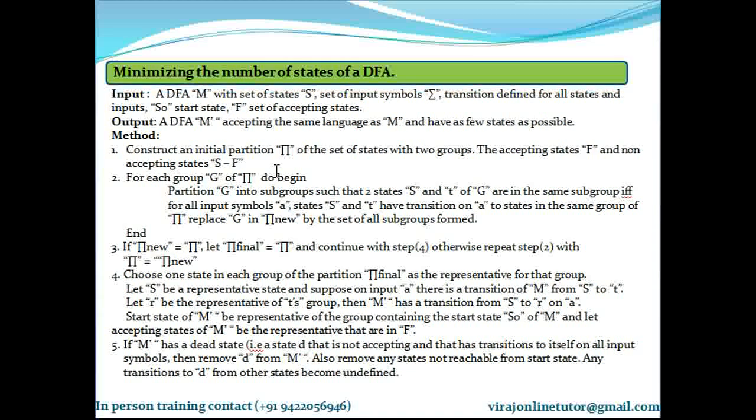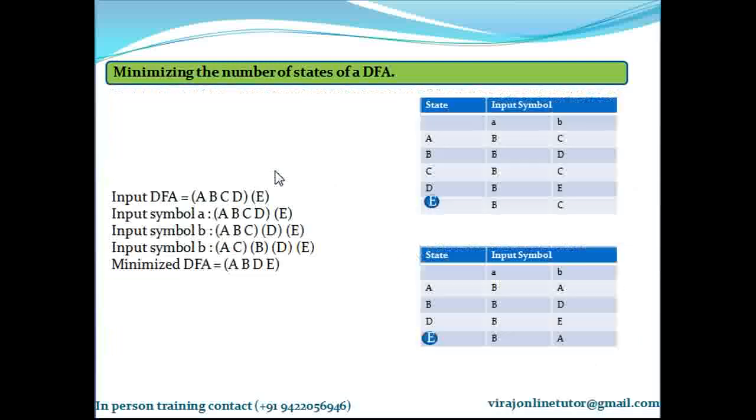Clear? Now what was the next explanation that I gave? Now that I have two sets, for all the input symbols I need to find out if there is any state which on that input symbol goes to some other group than its peers, then we have to separate it out.